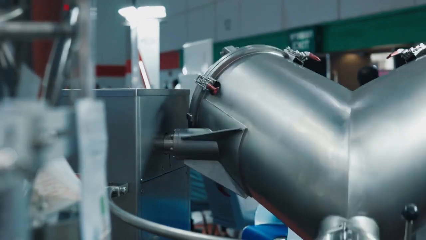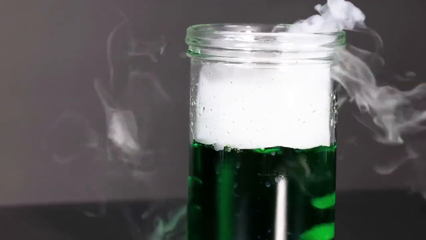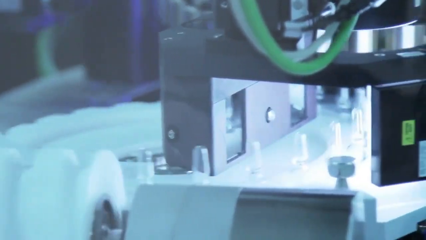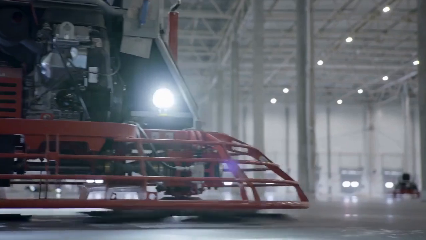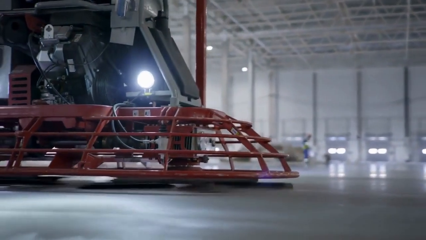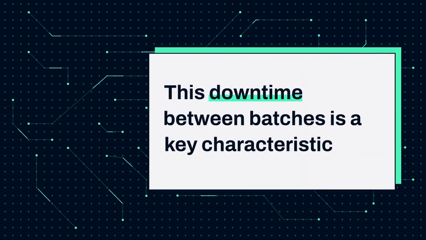Here, the materials are mixed, heated, cooled, or allowed to react for a specific amount of time to create the desired product. Third, we have the discharging step, where the finished product is removed from the vessel. Finally, there's often a cleaning and preparation step, where the vessel is cleaned out and made ready for the next batch. This downtime between batches is a key characteristic.